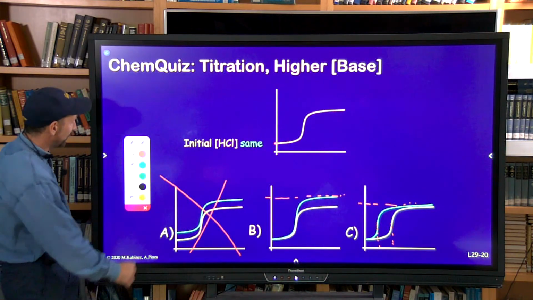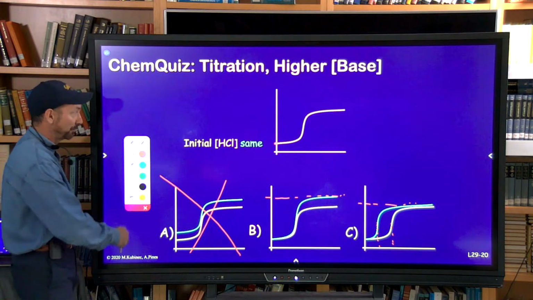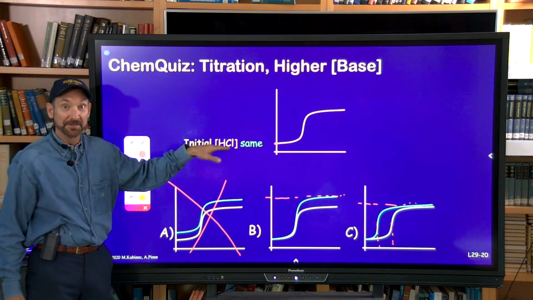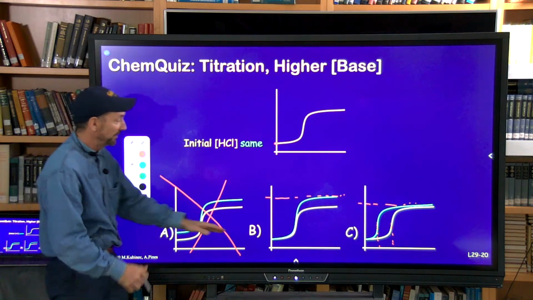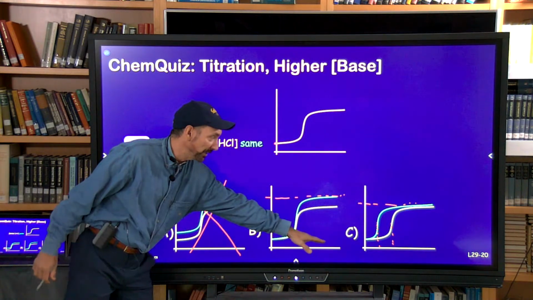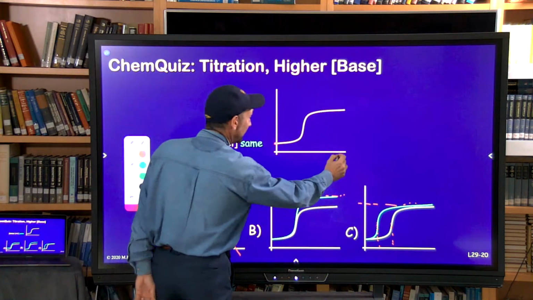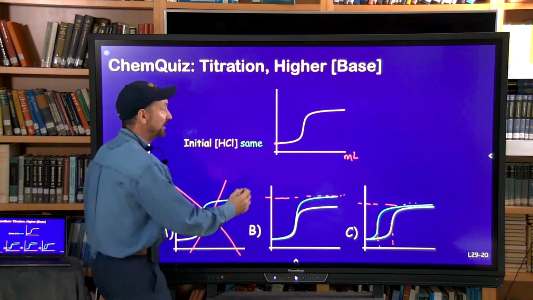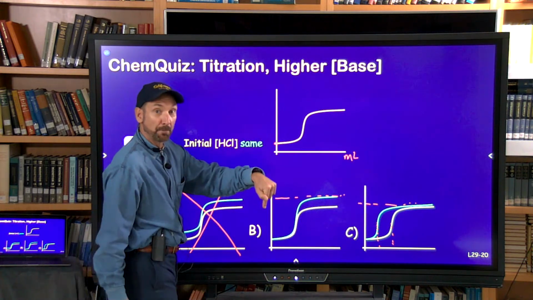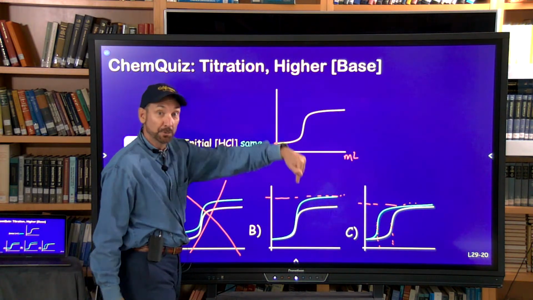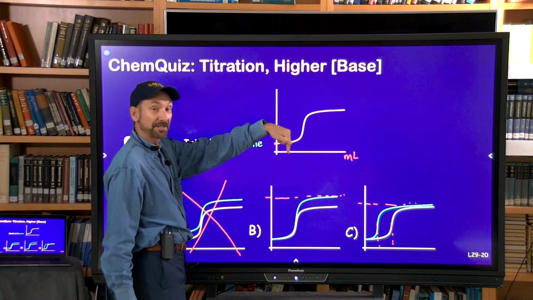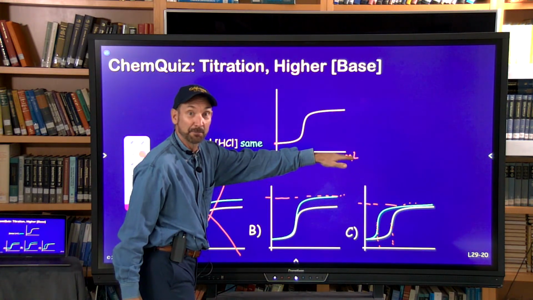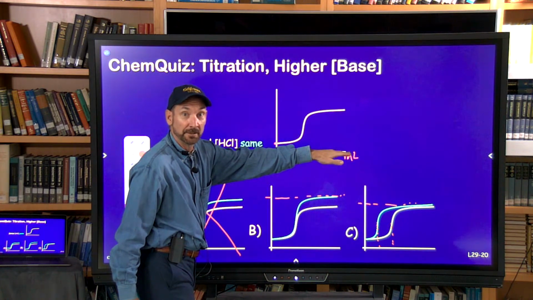And what is the equivalence point? Well, the equivalence point is when I've added a mole of base for every mole of acid I've had in there. If you're plotting versus volume, so this is milliliters of base, and I titrate with 0.1 molar base or 0.2 molar base, with twice the concentration of base, for every drop I put in, I have twice as many moles of the base.